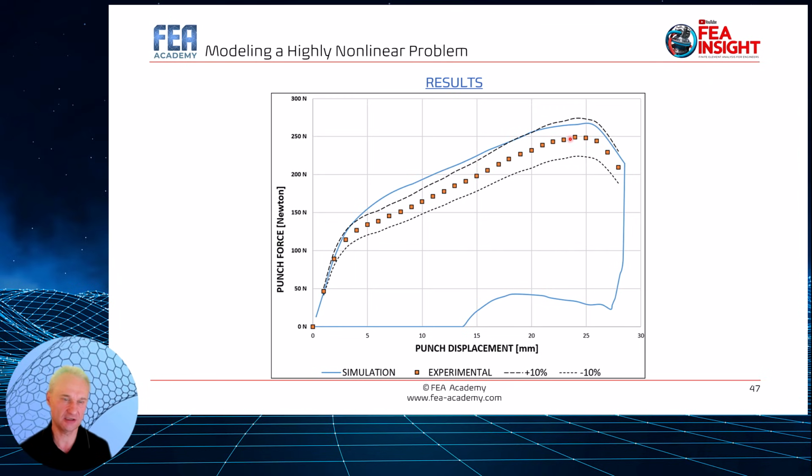You see here the orange points are the experimental data, okay, and the yellow curve the simulation. So you see the simulation is in the plus or minus 10% range, okay, at the end of the forming.